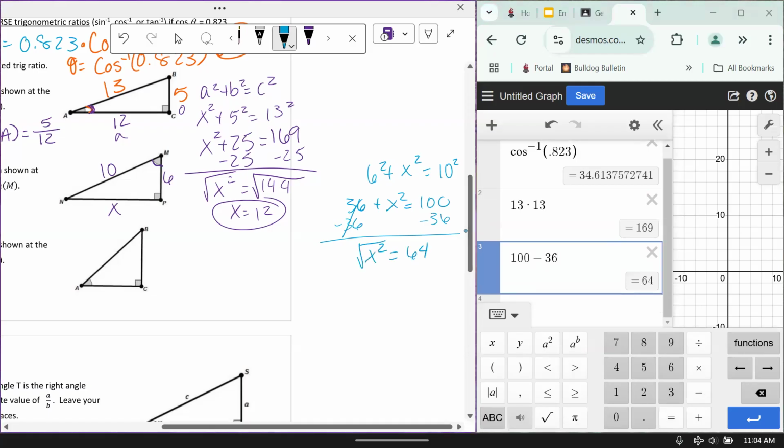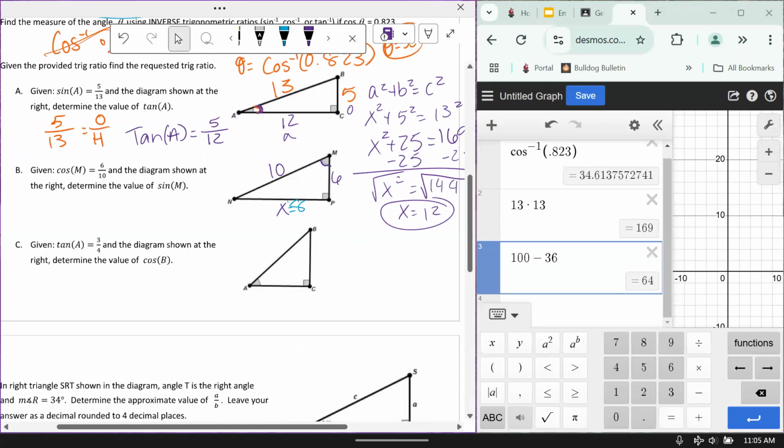Take the square root of both sides, and we get X equals 8. It is nice that this is turning out so clean. So the sine of M would be opposite over hypotenuse, so sine of M equals opposite 8 over hypotenuse 10.